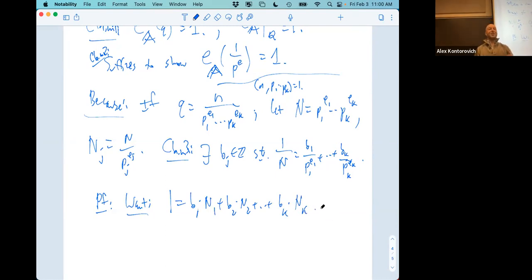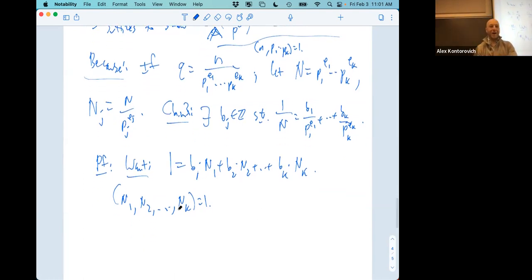Now again, this is just the Chinese remainder theorem. I want a solution to the Bezout identity. The b's are unknown, the N's are given to me, and I know that the GCD of all the N's is 1. This is just over the integers. N_k is just dividing n out by the prime power. That's right.